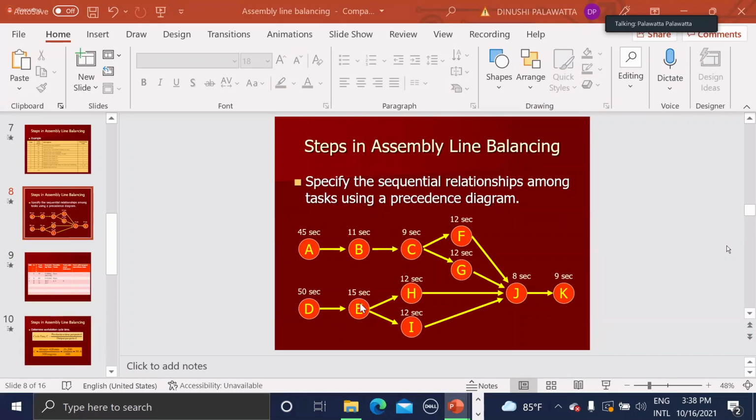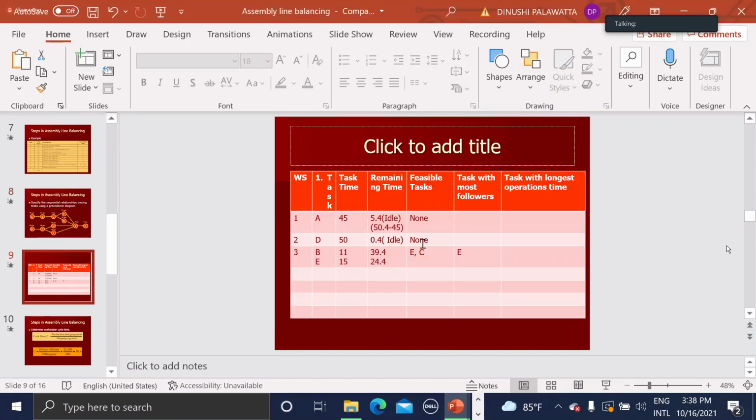So E and C are feasible, and they have equal followers, number of followers 4. Out of them, the task with the longest operation time is E. So that's why we select E.